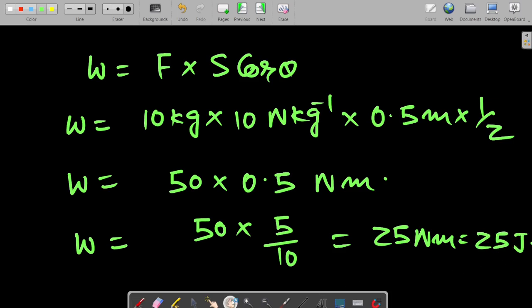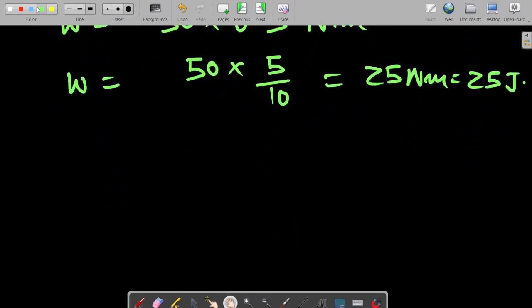And the last part of the problem is when the displacement is normal to the direction of force. In this case, theta will become 90 degree because normal is perpendicular.